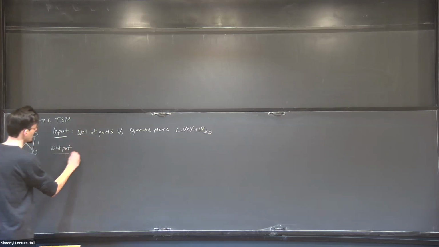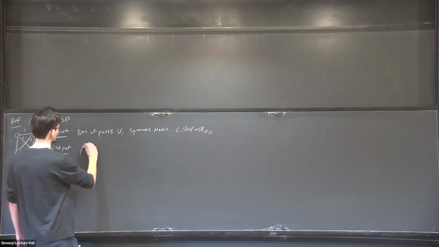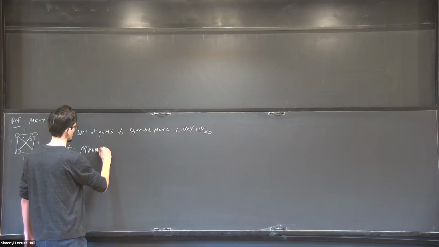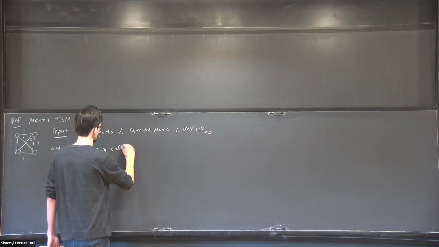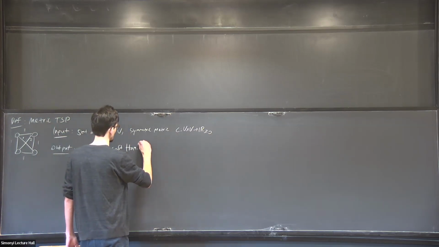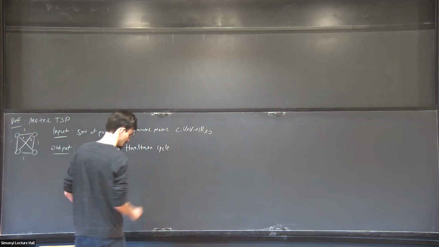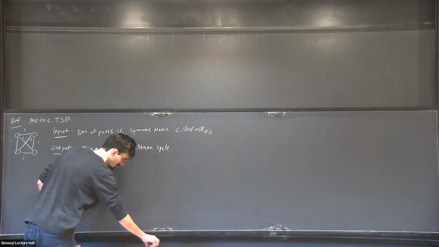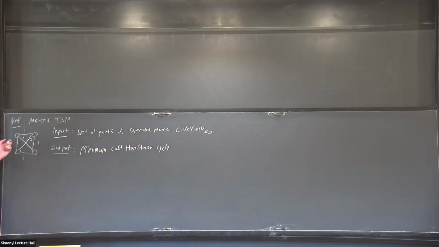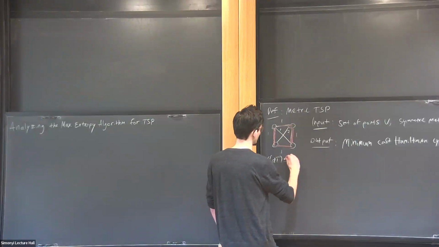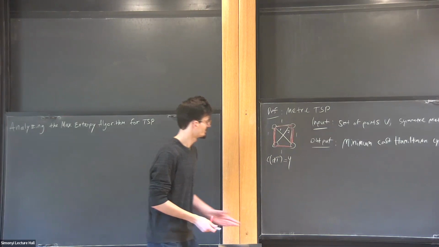And now what you want to find is a minimum cost Hamiltonian cycle in this graph. Okay, so for example here, this is the optimal solution, has cost 4.